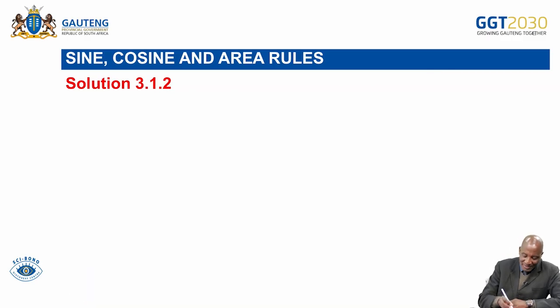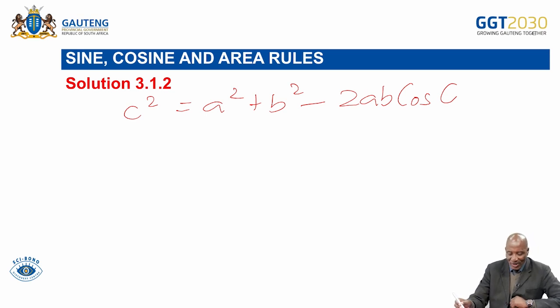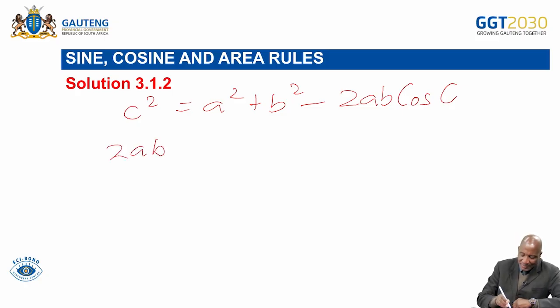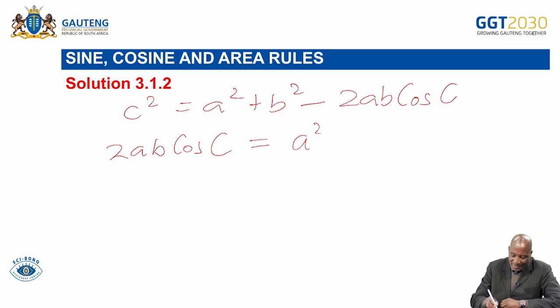Let's start from what we have already just proven, that c squared equals a squared plus b squared minus 2ab cos of C. Right, from what I saw, we need to show that 1 plus cos C is equal to the statement that was given there. So how do we proceed from here? Let's rearrange and have 2ab cos of C. Let's transpose negative 2ab cos C, so 2ab cos C equals a squared plus b squared minus c squared.